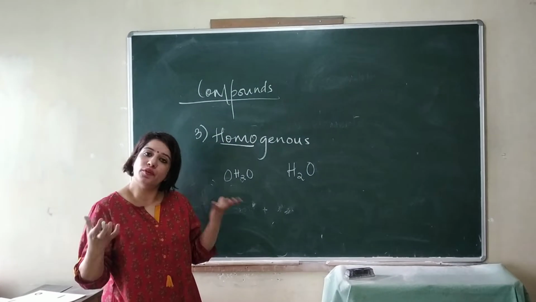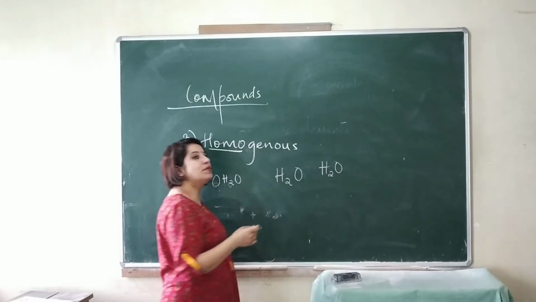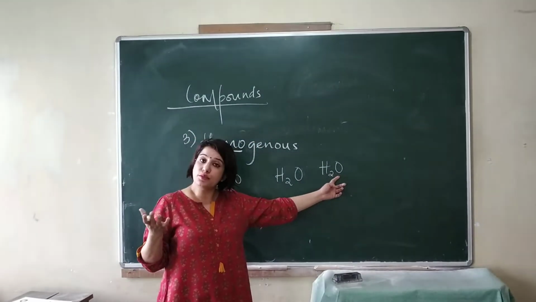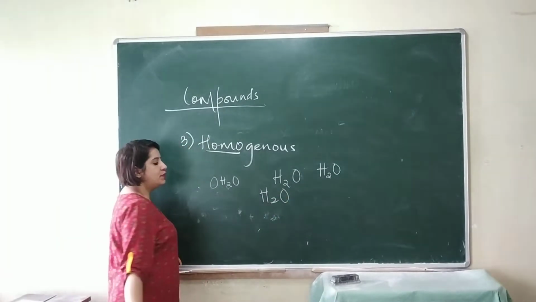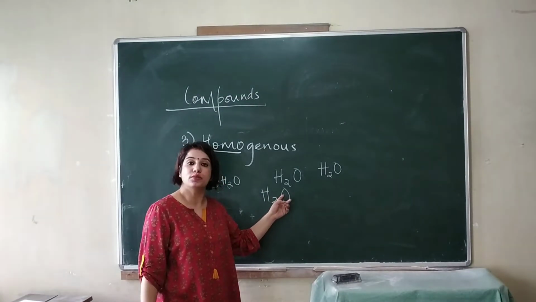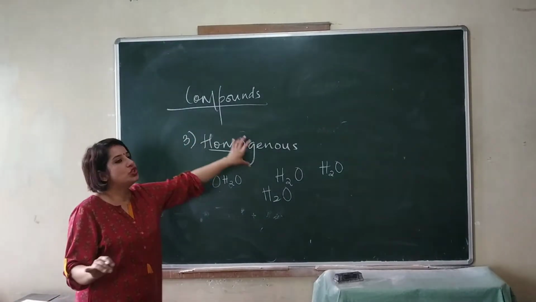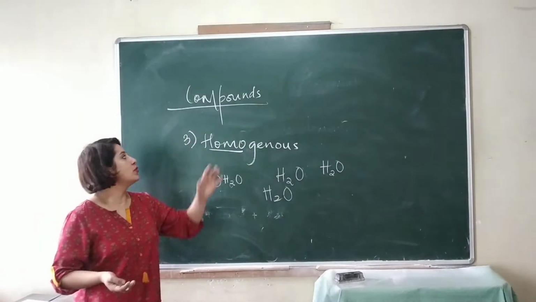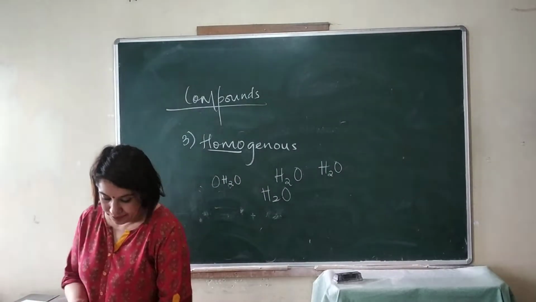If you take water from the sea, it contains H2O. That means two atoms of hydrogen and one atom of oxygen. If you take tap water, it is also H2O. So it is the same throughout. Homogeneous means same throughout. So a compound is homogeneous.